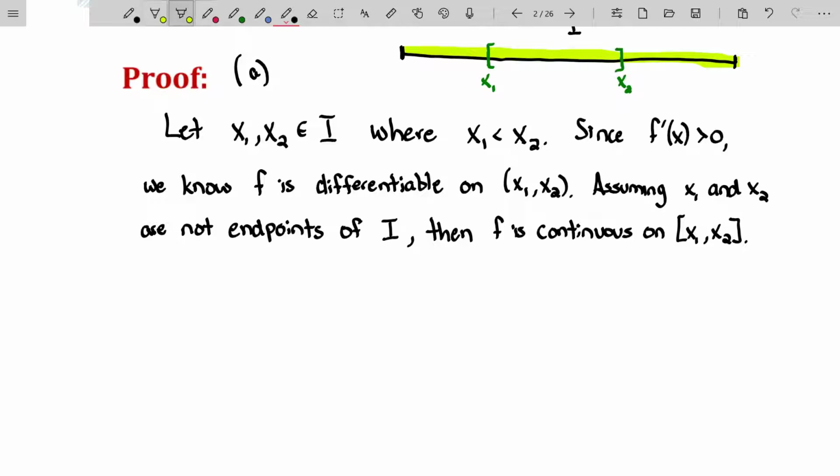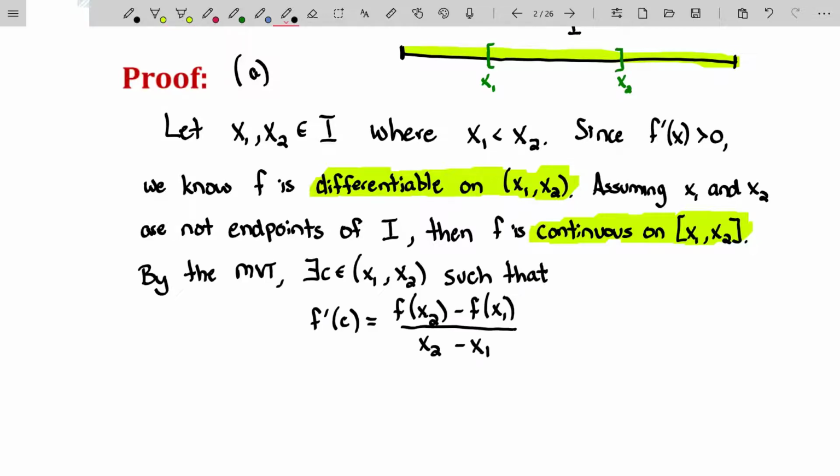Anyhow, we have two very important conditions that we have going on here. We have continuity on a closed interval and differentiability on the open interval, which allows us to use the mean value theorem. And when I introduced the mean value theorem a few videos ago, I mentioned that it's used quite a bit in proofs and in theory, and here we have it again.